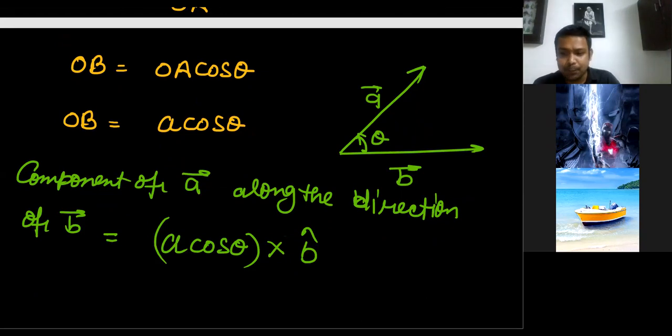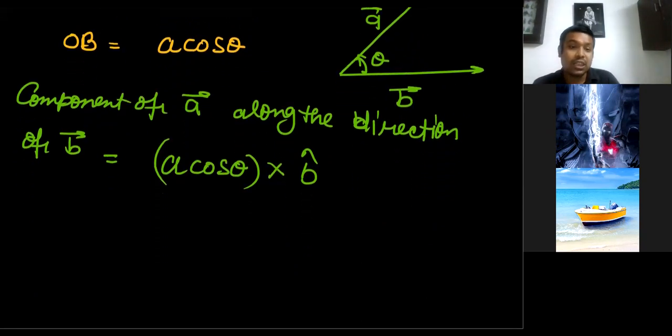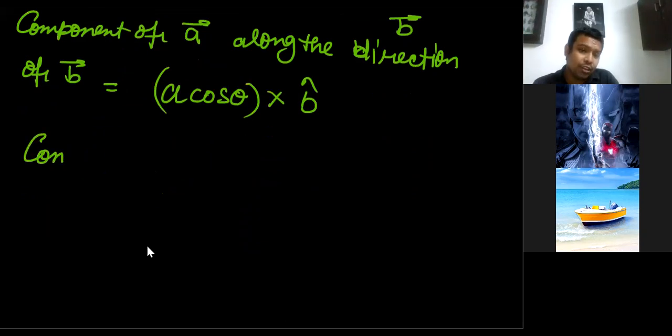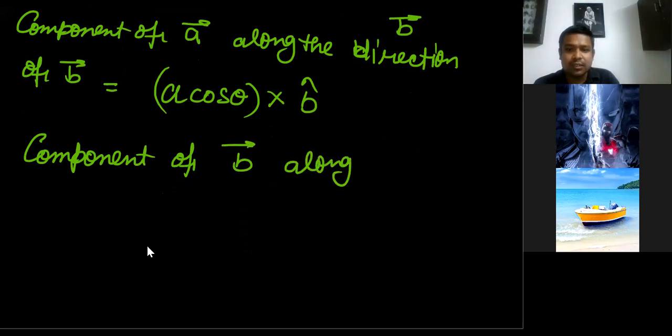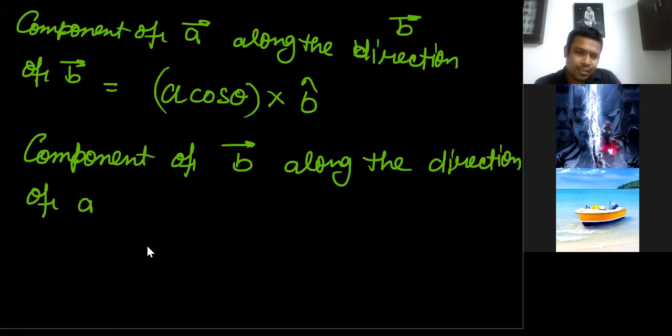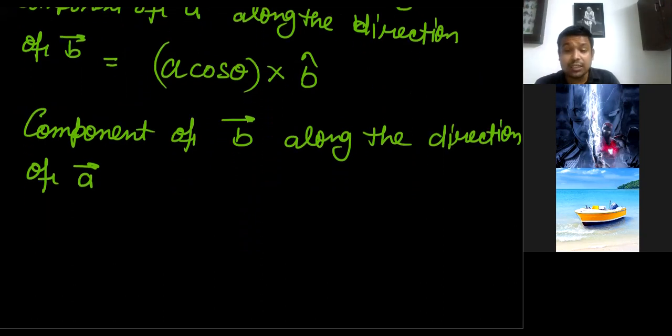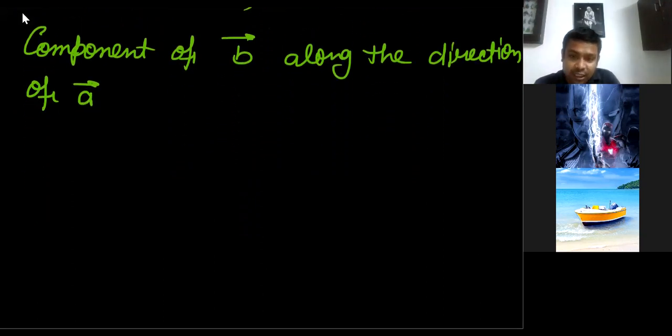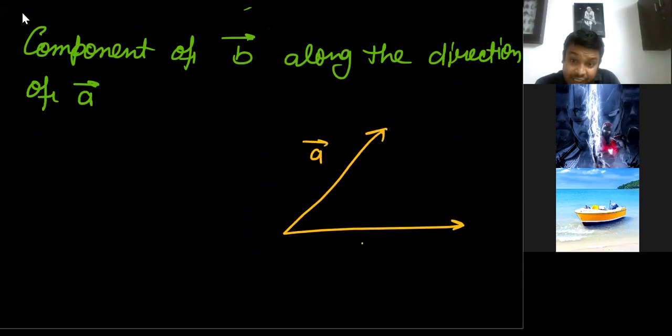Similarly, suppose the question is asked about the component of vector B along the direction of vector A. Suppose now you want to determine the value of vector B along the direction of vector A. So let us see, my dear.